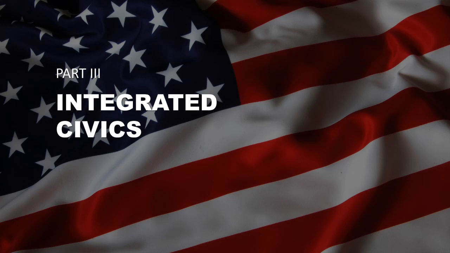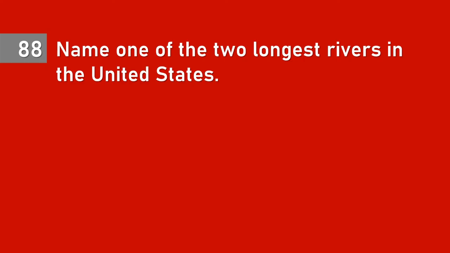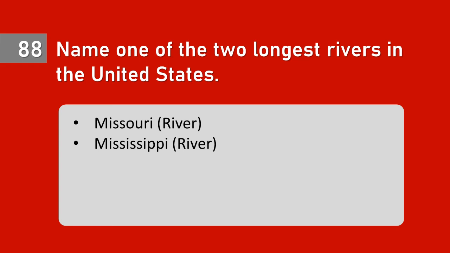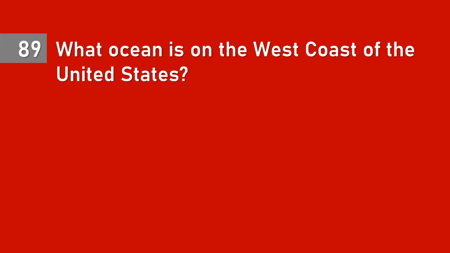Part 3, Integrated Civics. Section A, Geography. Question 88. Name one of the two longest rivers in the United States. Missouri River, Mississippi River. Question 89. What ocean is on the west coast of the United States?